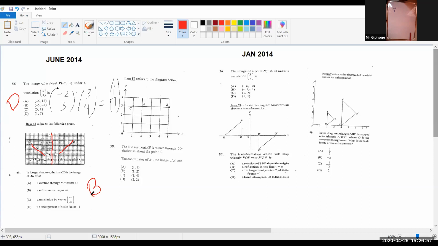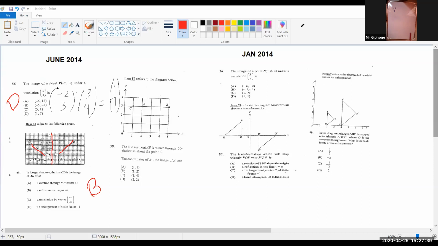One moment. Yeah, David, I could work it out. You want me to work it out? Yes, sir. Okay, so the coordinates for A would be what? A is 2, 3, and undergoes... One moment. I think I'm overthinking the question. The line segment AB is rotated through 90 degrees clockwise.